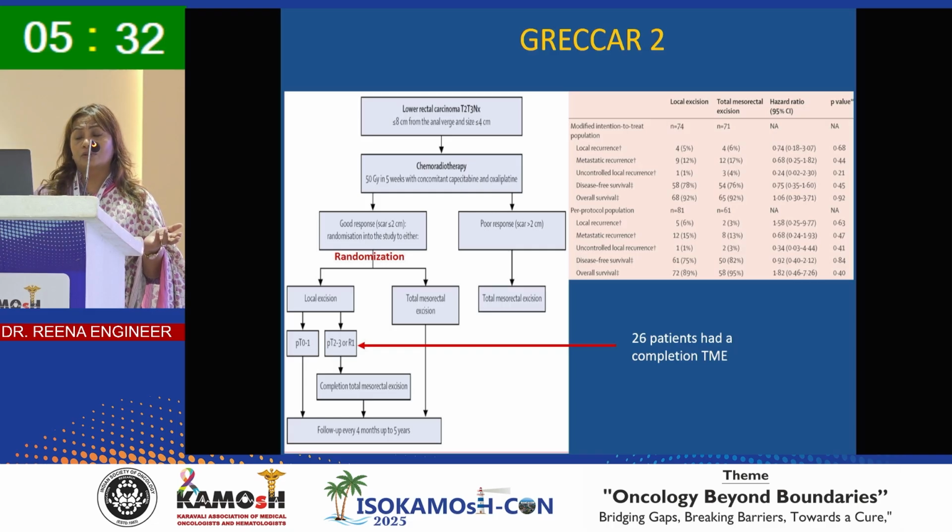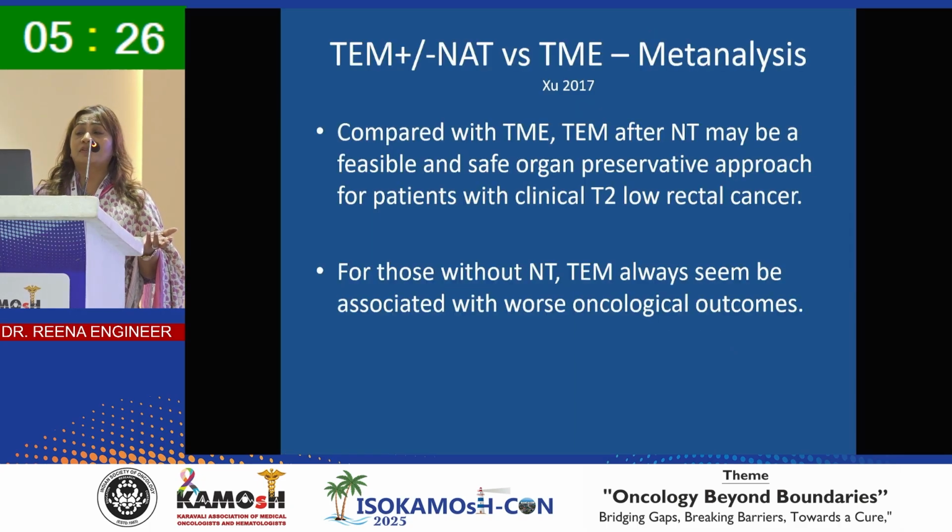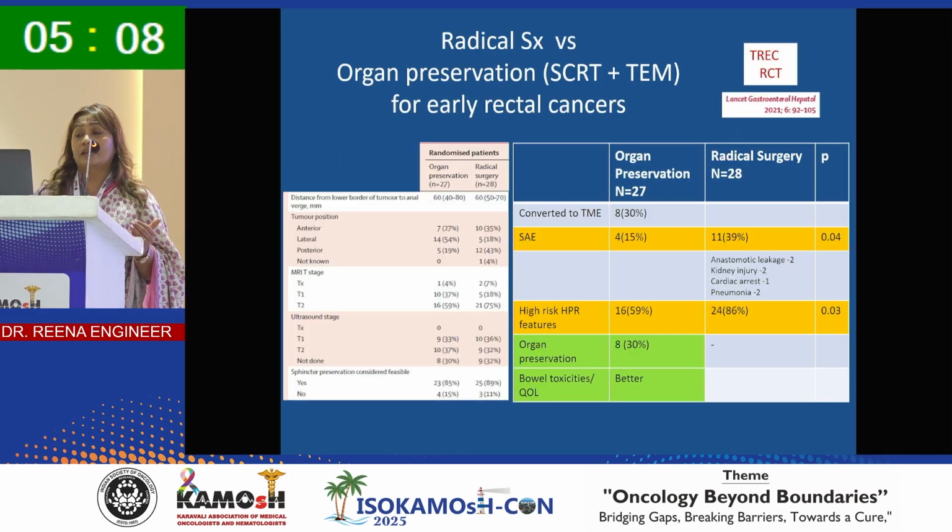Again, GRECCAR 2 also showed the same, and you can have organ preservation in 60 to 65% of the patients. Similarly, meta-analysis also says that for T2 tumors, if you do local excision without neoadjuvant treatment, then the oncological outcomes are poorer. So definitely, if you do local excision, it should be chemoradiation followed by local excision.